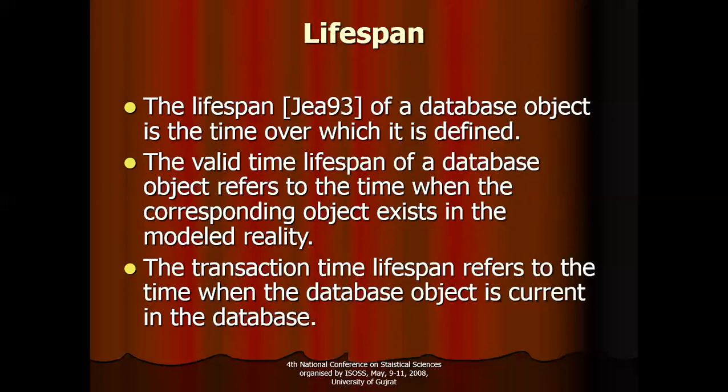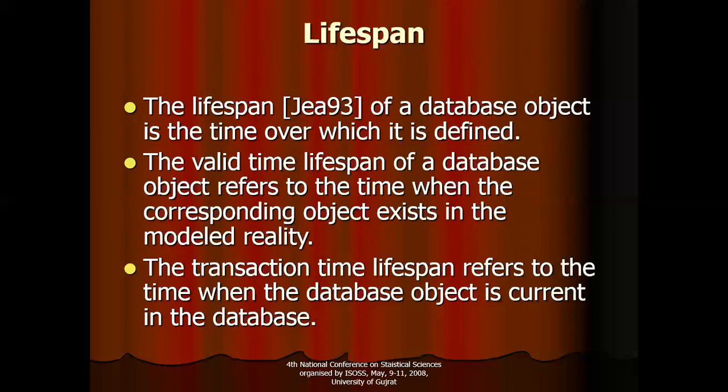For example, we talk about a particular entity, let's suppose a particular item that is being recorded. Let's suppose that item is available in the mart. For how long that item remains in the mart represents the lifespan. Or we talk about an employee.